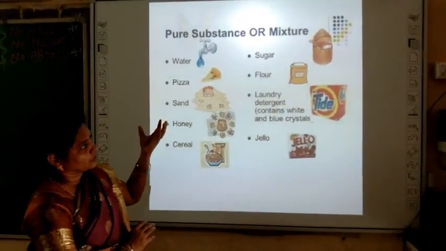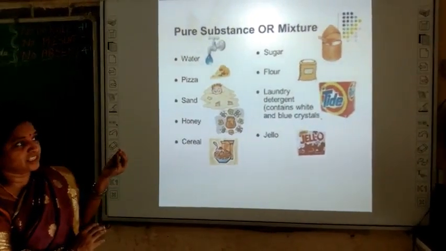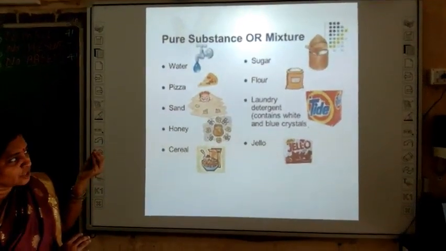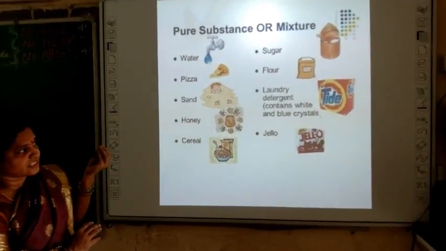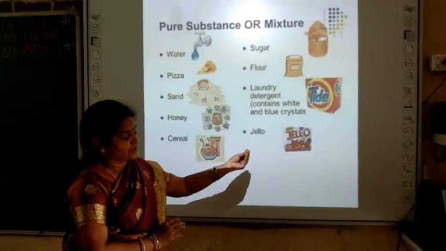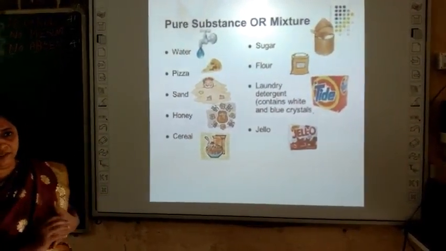Sugar, flour. Next, Tide, what is it? Blue crystal in shape. Laundry detergent. Tide is a detergent powder that is in crystal state. Next, Jello is in the liquid state. So these are various things. We are using so many things.